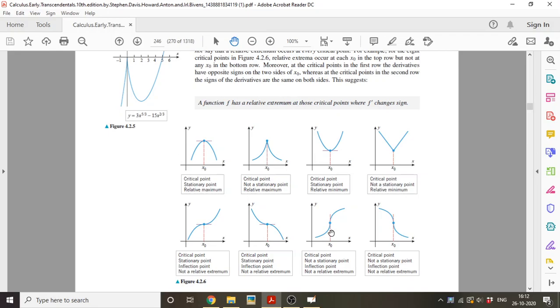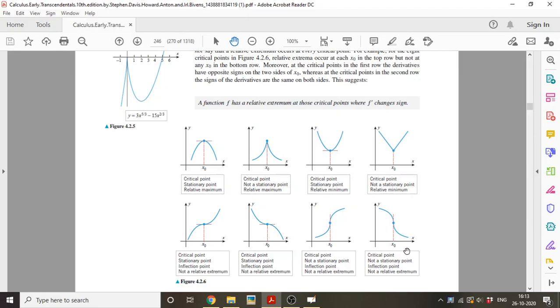And in this case also this is a critical point. It is not a stationary point because your slope is going to be infinite here. So therefore it is not a stationary point. This is an inflection point, and this is not a relative extremum because the function is increasing throughout. If we take a neighborhood, you will get points greater than x naught and function values less than those at x naught.